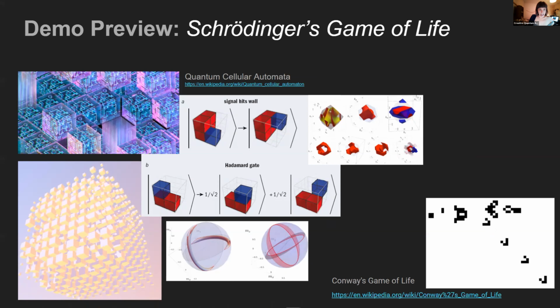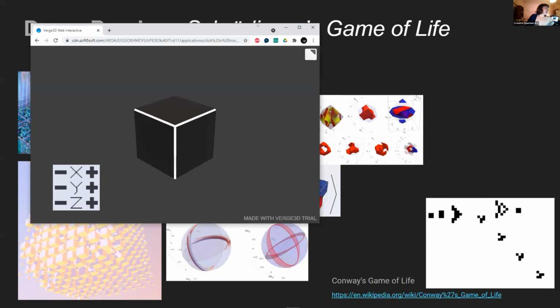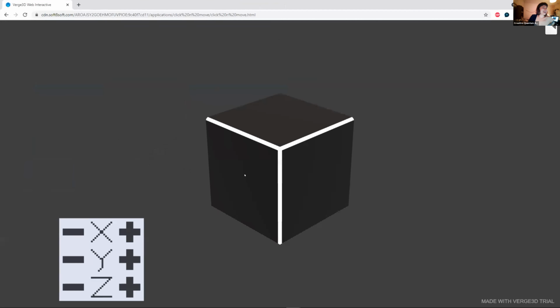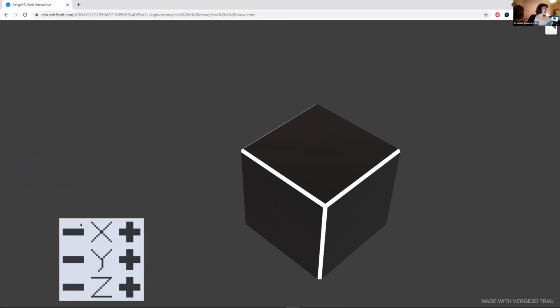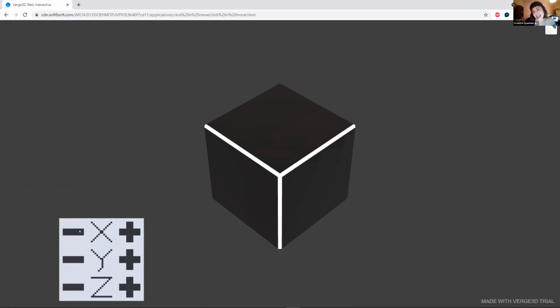And because we didn't quite finish yet implementing the VR version of this Schrödinger's game of life, I can show you something instead, at least a little bit. So here we got our test living cell, and the idea is that you can interactively decide where the living cells are starting.